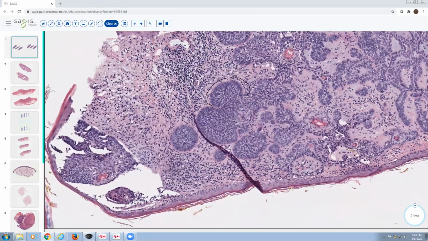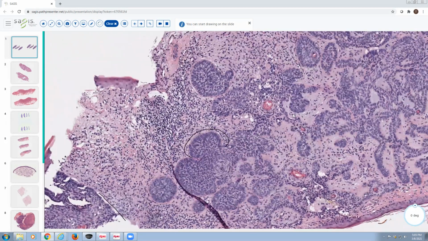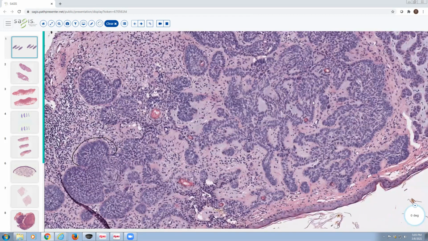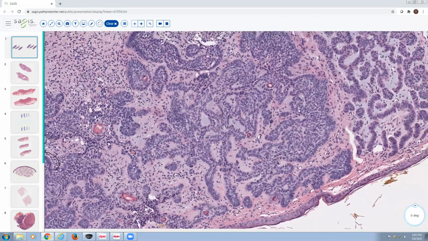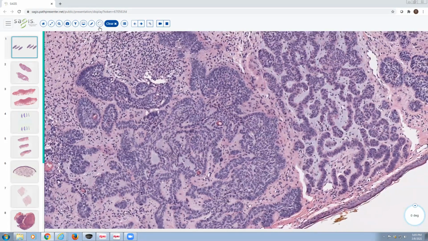Another common feature in all subtypes of basal cell carcinoma is retraction between tumor and stroma. So there's clefting or retraction between the tumor and the adjacent stroma. The stroma of basal cell carcinoma is fibromyxoid, meaning the stroma has some collagen and fibroblasts, but also some mucin, and that's where the myxoid part of the description comes into play.